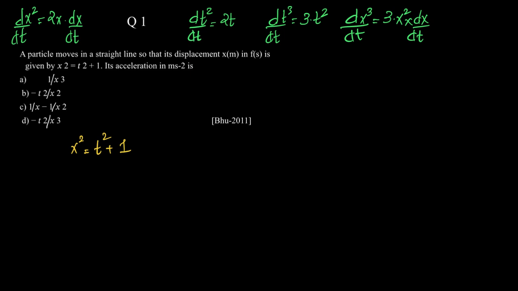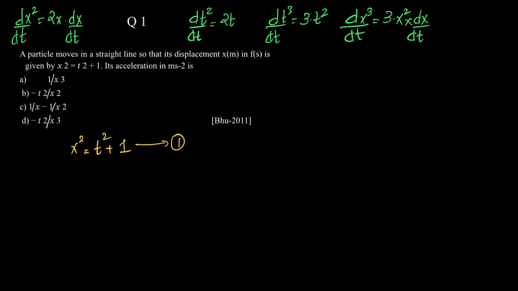Let's go through that again. d by dt of t square is 2t. At the same time, d by dt of x square is 2x into dx by dt. d by dt of t cube is 3t square, but d by dt of x cube is 3x square into dx by dt. In which case, if I mark this given equation as equation 1, and if I differentiate with respect to t.